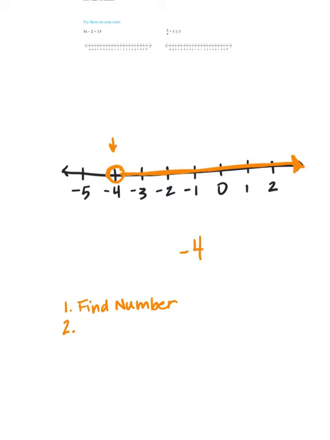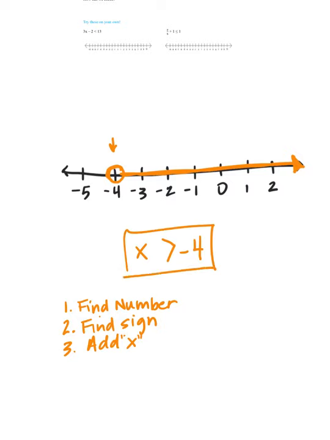So I know that my x is going to be greater. So sign. And then I'm going to add my x. So here's my answer. X is greater than -4.